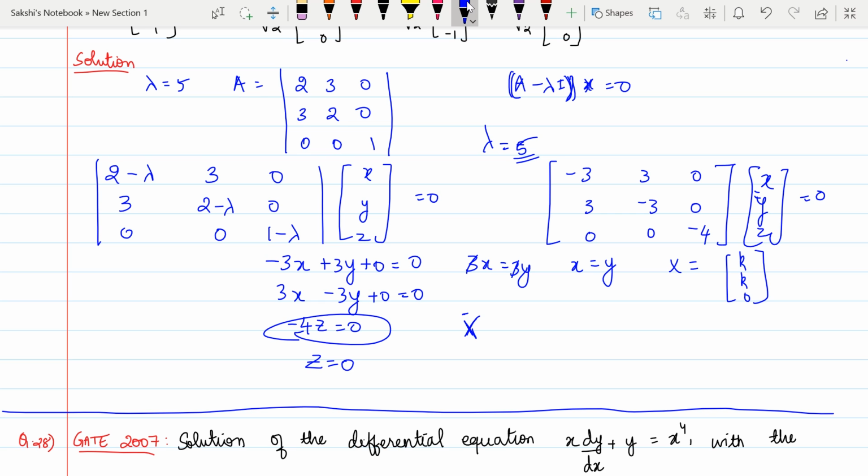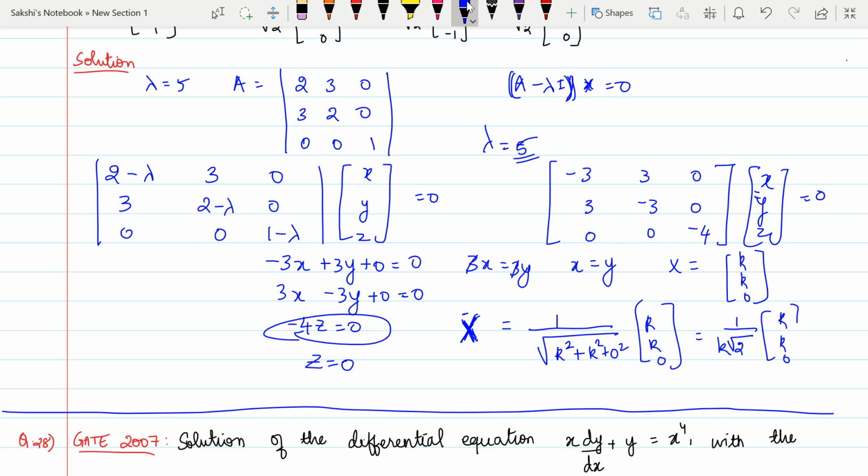Let us assume this normalized eigenvector as x. Normalized eigenvector means nothing but dividing by the square root of the sum of squares of these components, k, k and 0. So when we do so, we are going to get 1 by root 2 into k, k, 0.